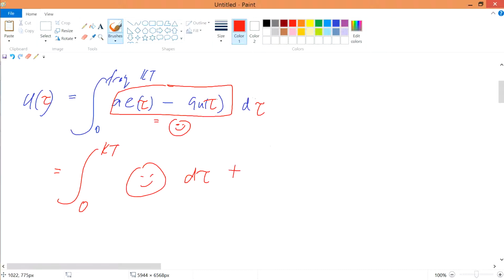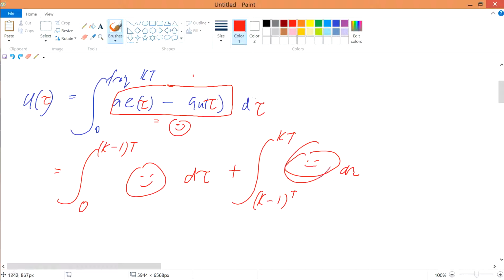Plus, from 0 to k minus 1 times t, or you can write it as kt minus t. But because I want to show it more clearly, I'll write k minus 1 times t. And this integration from k minus 1 times t to kt, plus, the rest are the same already. This thing over here is your equation, d tau.